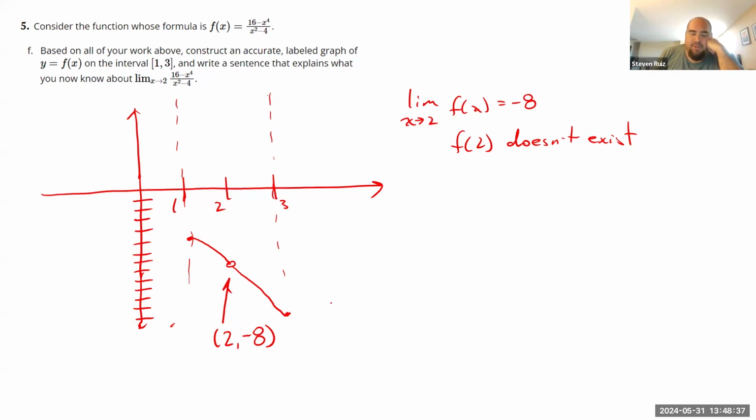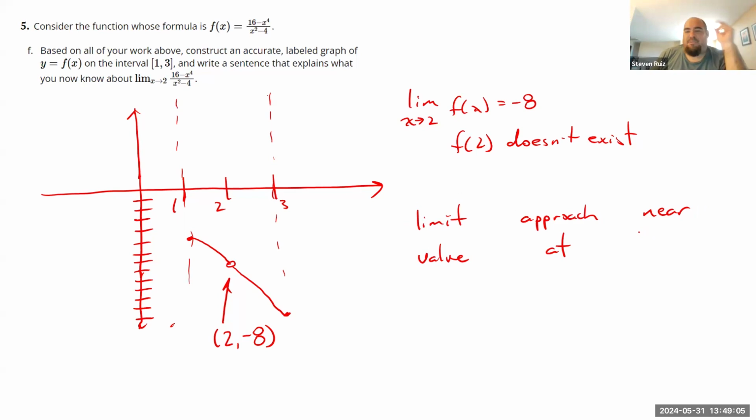And again, just to reiterate, some of the key words you might think of here: the limit is what happens as I approach a point or when I get near a point. The value of a function is what happens when I am at that point.